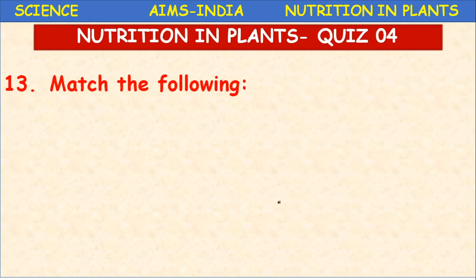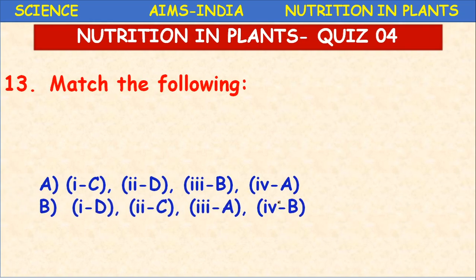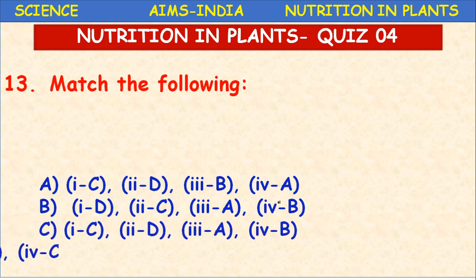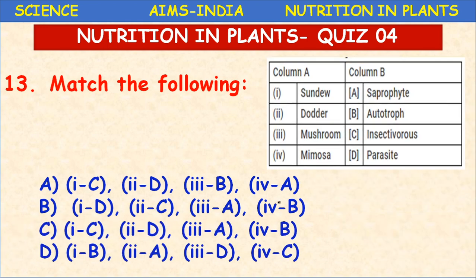Next question. Here also one match the following type question is given. Column A and column B are given. Column A: sundew plant, dodder, mushroom, mimosa. Mimosa is a land plant. Okay. So here whenever you are attempting these type of questions, first the known ones you have to match.